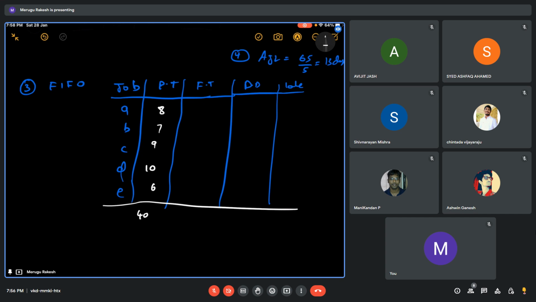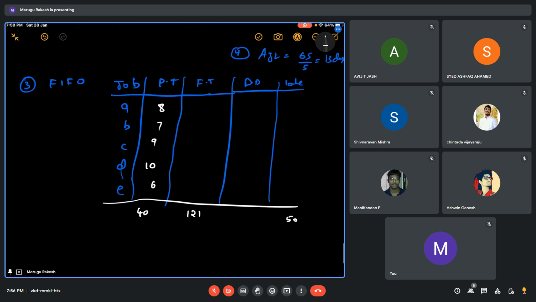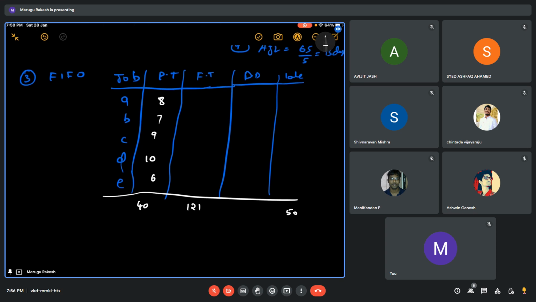So if you do, you will be getting this. This is in between SPT and LPT. So average completion time, we'll be getting 24.2 in this case.